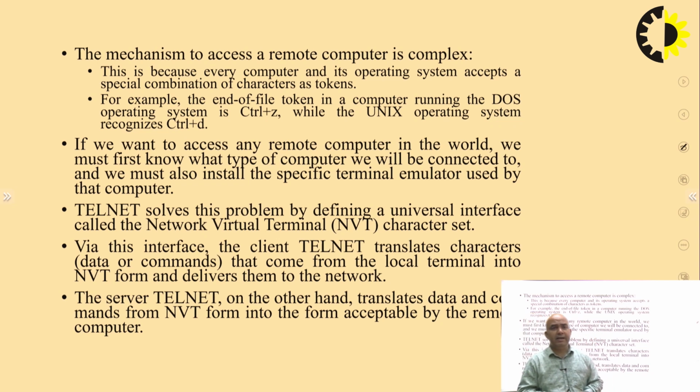The client Telnet translates characters, that is data or control, that come from the local terminal into the NVT form, which is further sent via the network. When this is received by the server side, the server Telnet translates the data and commands from the NVT into a form acceptable by the remote computer server.